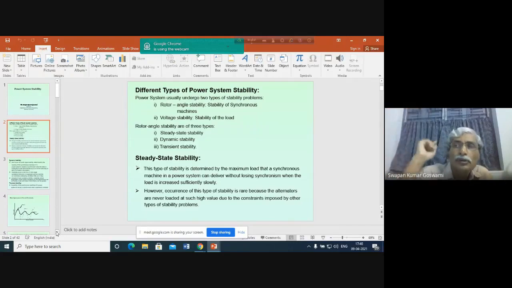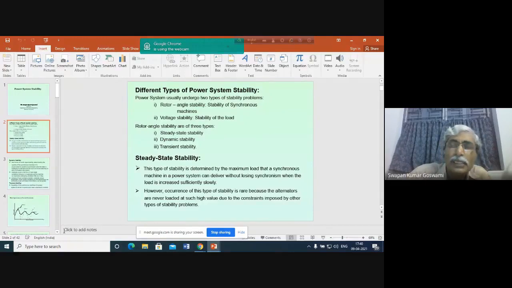So previously people defined stability as the problem of maintaining the synchronous operation of the generators in the power system. This is how stability was defined in older days. Why do I say older days? Because now the definition of stability has changed a little bit.